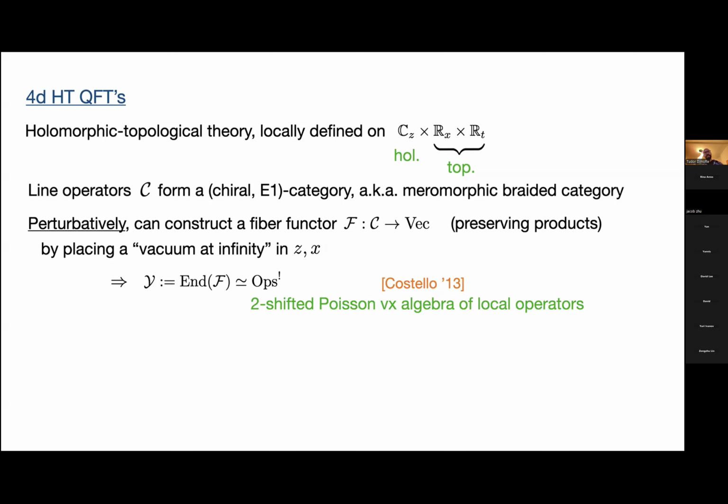I think making that philosophical picture precise is still work in progress for various people. Again, philosophically, C star should correspond to the trigonometric version, which means UQ of G hat, and C itself should be rational, which is the Yangian. But from the physical point of view, it's highly non-trivial.